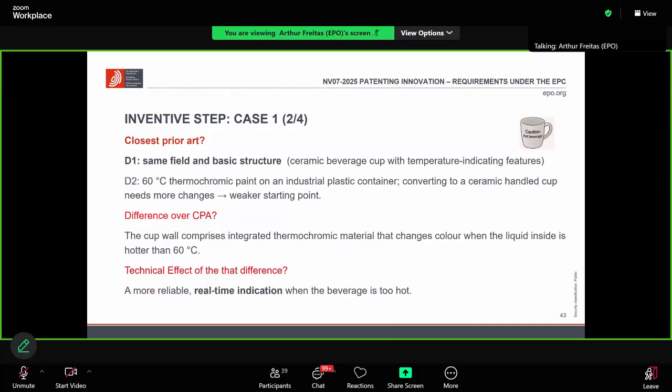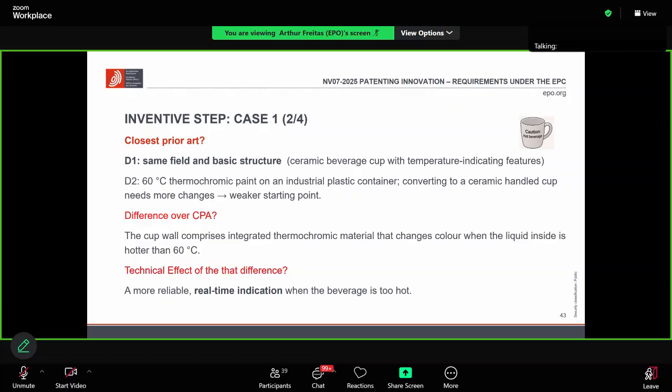I'll tell you why: D1 is the closest prior art because I would say that the technical field here would be a vessel for hot drinks. And D1 also has temperature indication. It serves the same purpose, right? It's a cup for hot drinks that also warns the user when it's too hot, only that it's a static warning. It says "Caution, hot beverage." So it's going in that direction already.